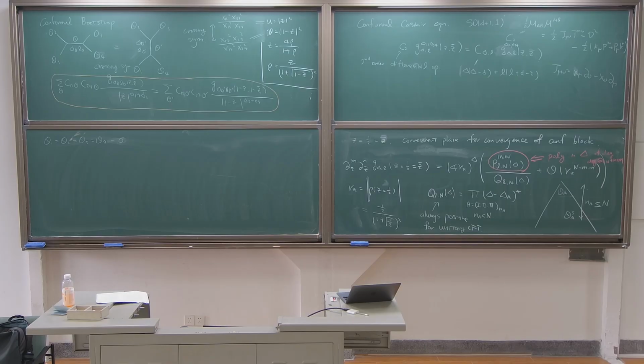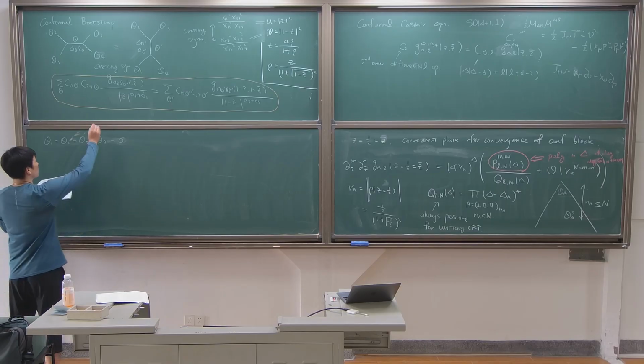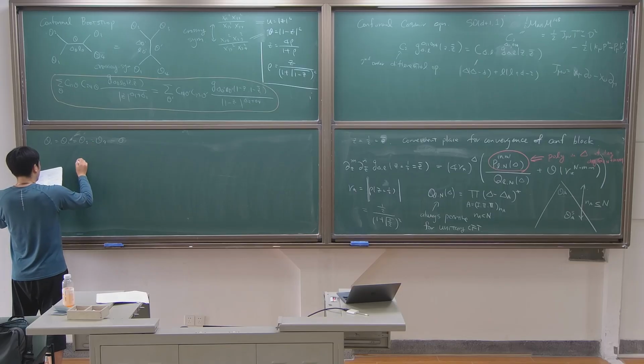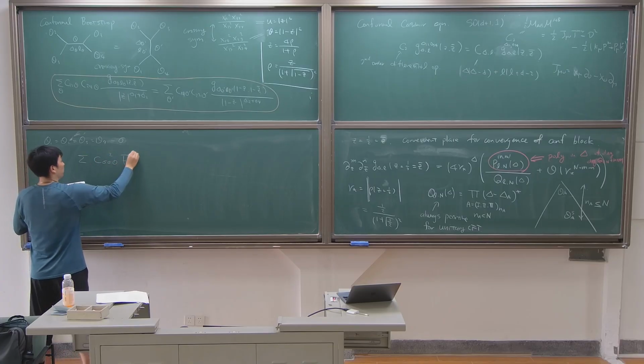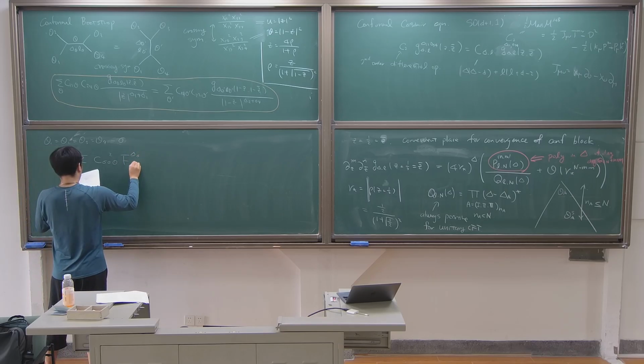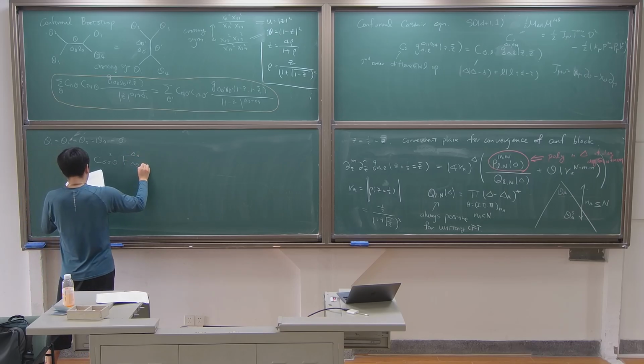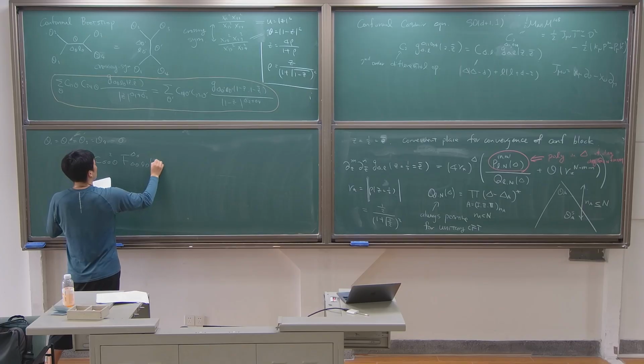So we'll consider such a special case where all the operators are the same. In this case the conformal bootstrap equation becomes: the sum over O of C sigma sigma O squared F delta sigma, delta O, L O, z, z bar is equal to 0.